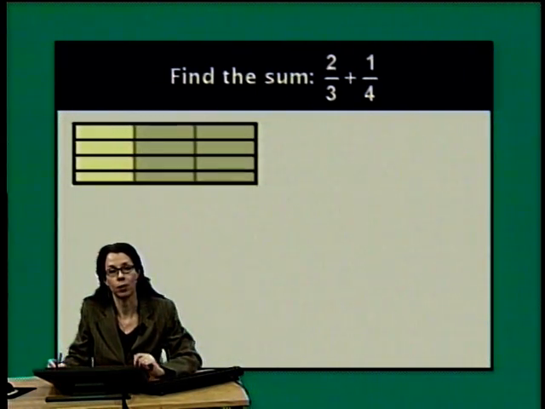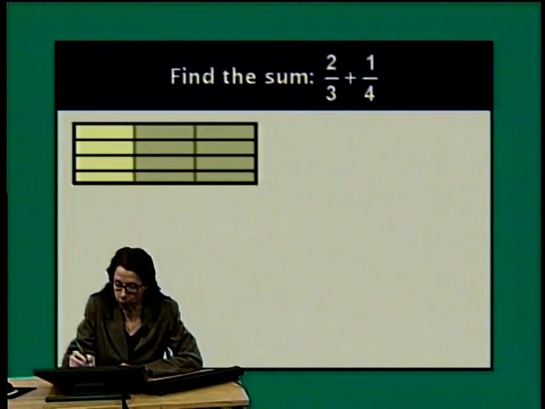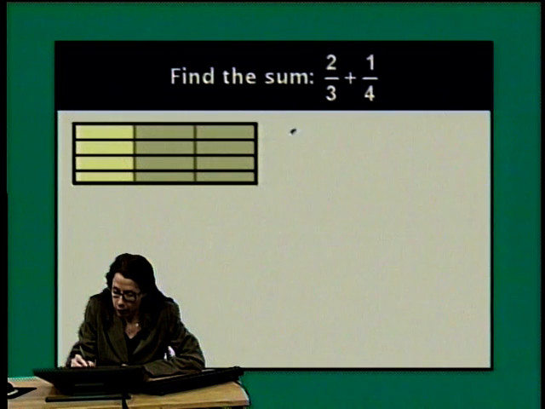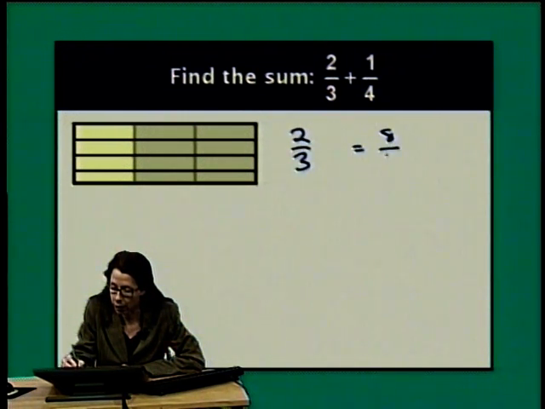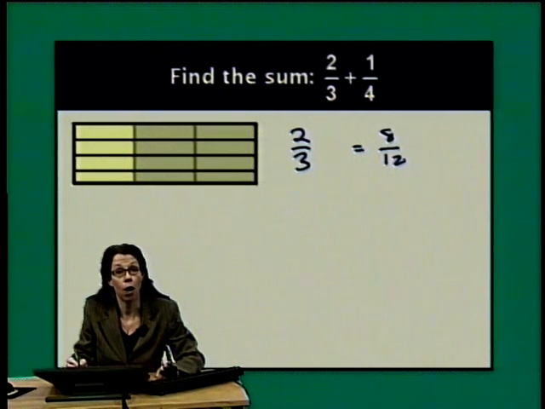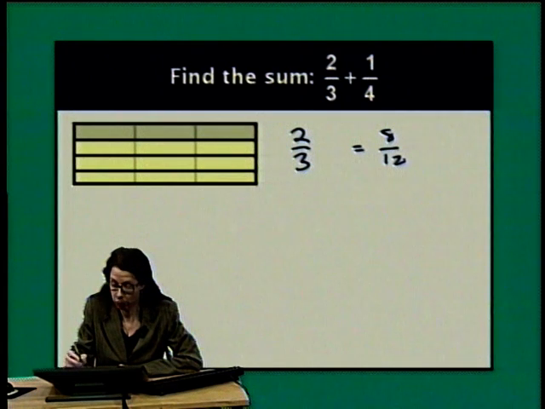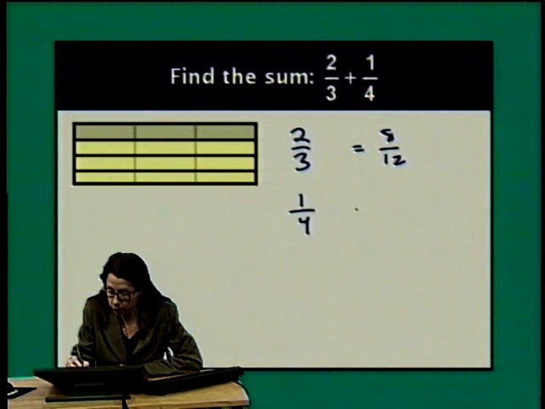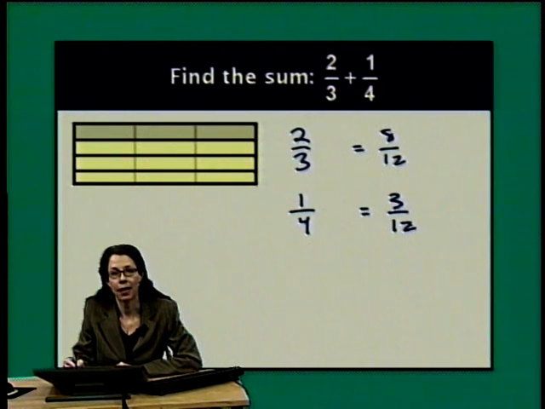One of the things we notice is that 2/3 is the same as 8/12. We also see that 1/4 is the same as 3/12. Now how can I get 8/12 from 2/3?